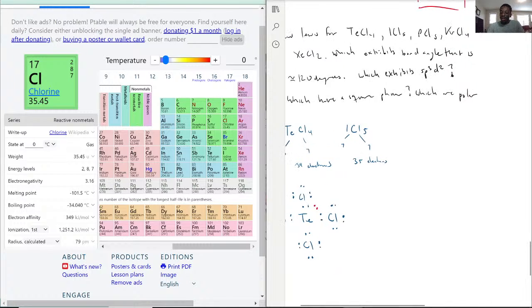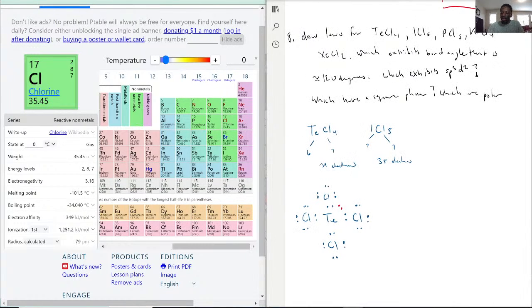Following the same approach as tellurium, we have iodine in the center, and each side has a bond, but there's 5 chlorines, so this is how I have that other one in red for tellurium. The 5th one, because iodine also doesn't care about the octet rule, is going to be like that.